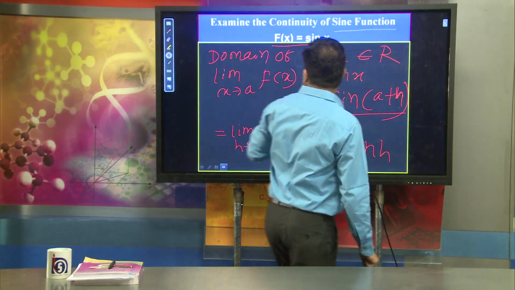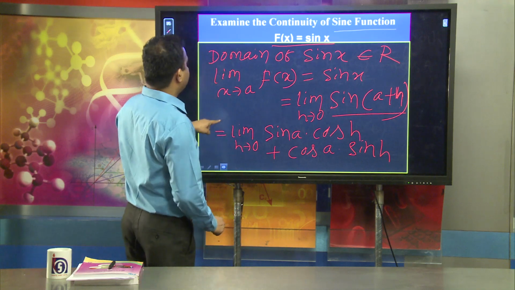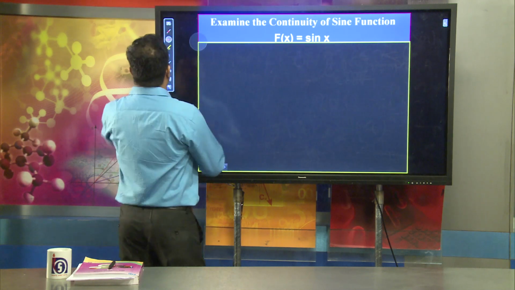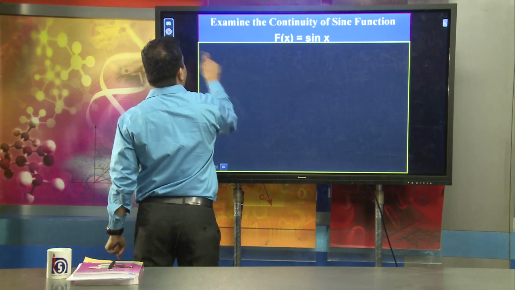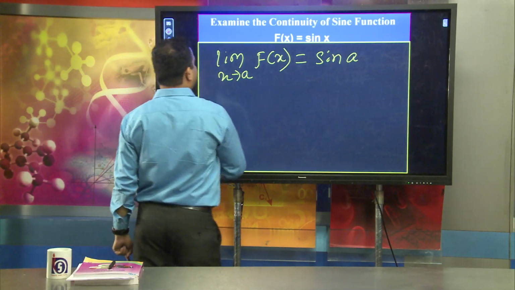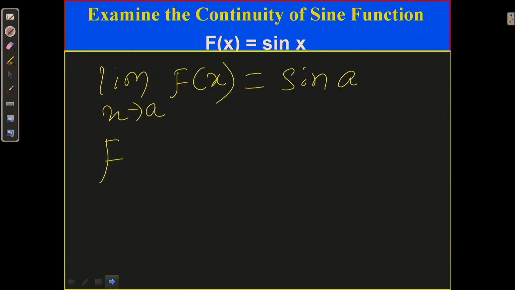The functional value f(a), because we are taking x equal to a, is sin a, with a in place of x.